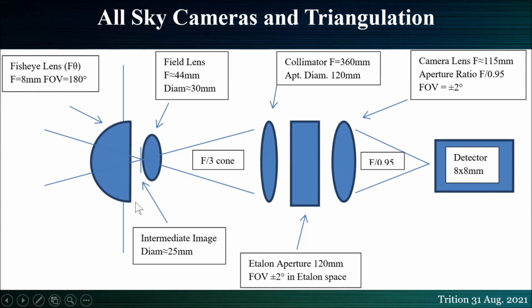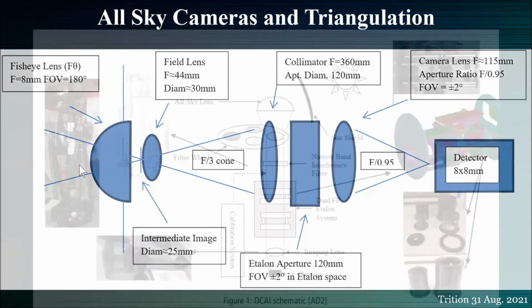So we're trying to make a fast system, because we're looking at, in this case, rather faint objects. In fact, it's a bright scene. We're running a daytime experiment, and we're looking at the airglow auroral emission of 6300, the oxygen red line, and we're trying to observe that during daytime, which is a bit of a challenge. But it's something we've done.